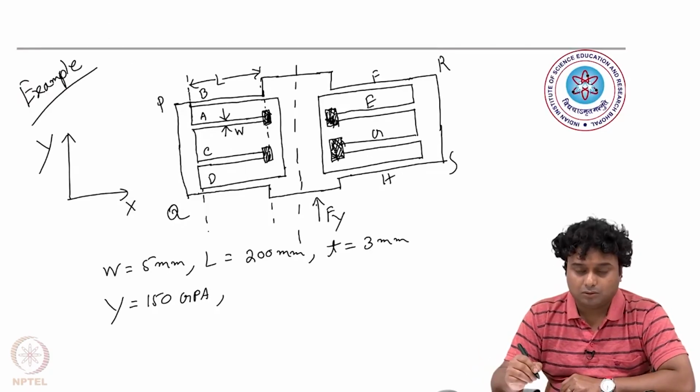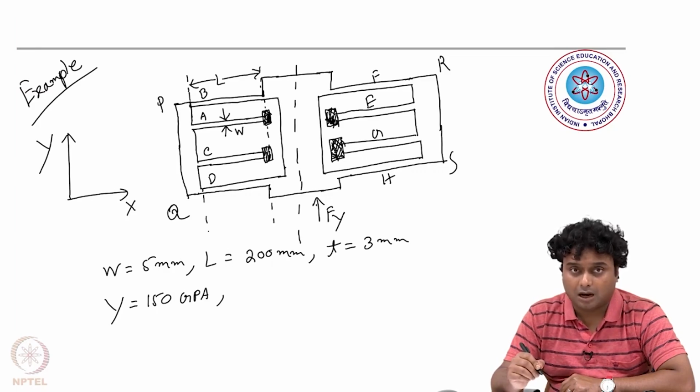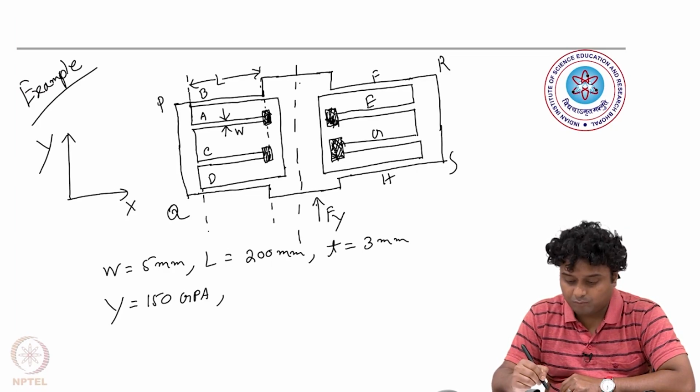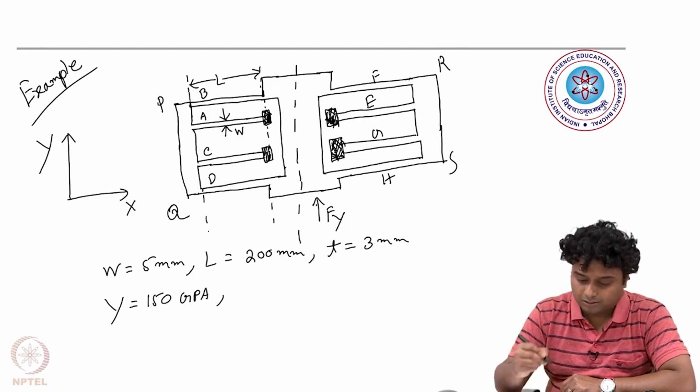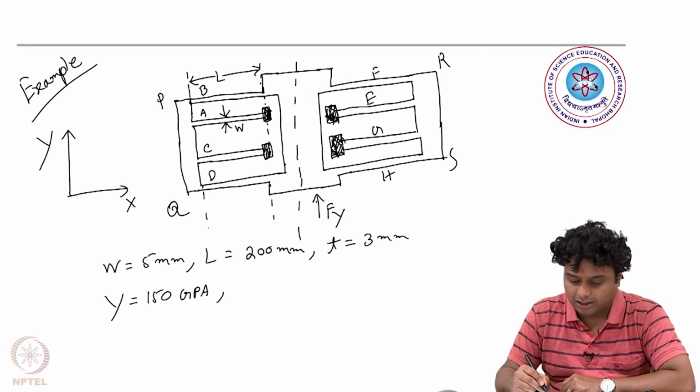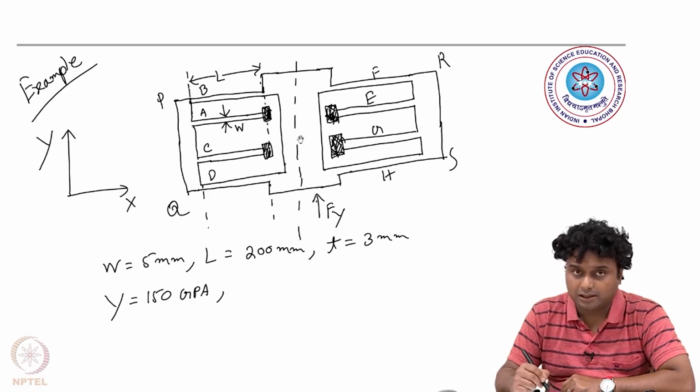Now we need to very carefully understand how these beams are connected. See, this is the proof mass, and this proof mass is connected directly to the B beam and D beam, whereas A and C are not connected to the proof mass directly. Now let's assume the proof mass moves upwards by 5 micrometer. Then not necessarily will this PQ also move upwards by 5 micrometer, because it is not under the same force.